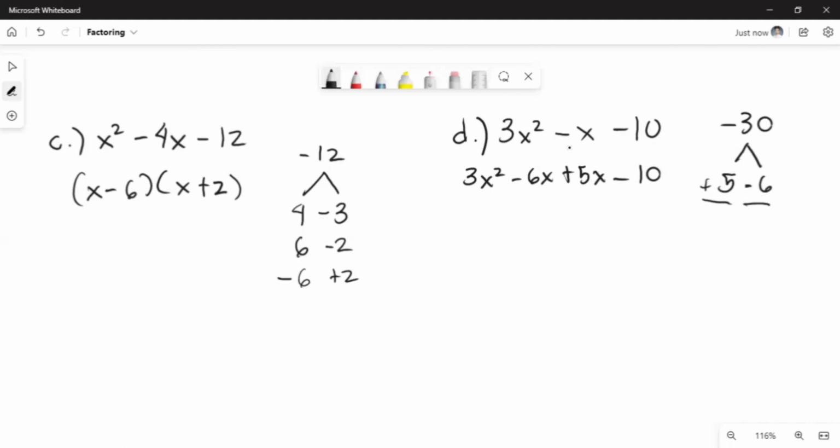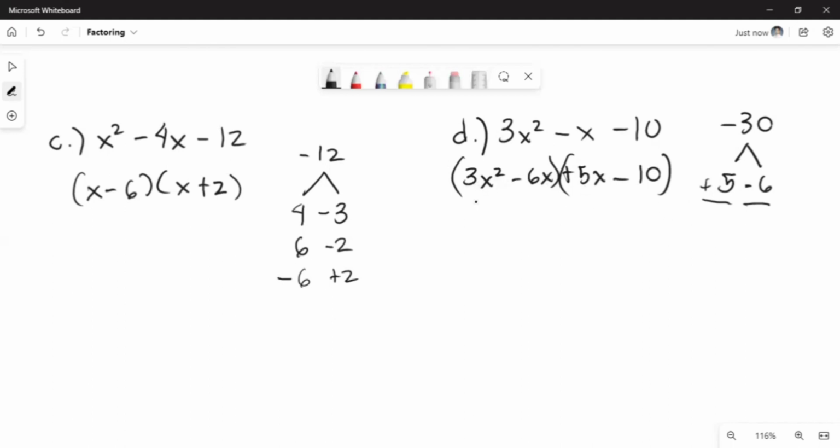After expanding the middle term, we just need to proceed with factoring by grouping. Grouping the first two terms so that they both have a common factor, we can do 3x squared minus 6x and 5x minus 10.